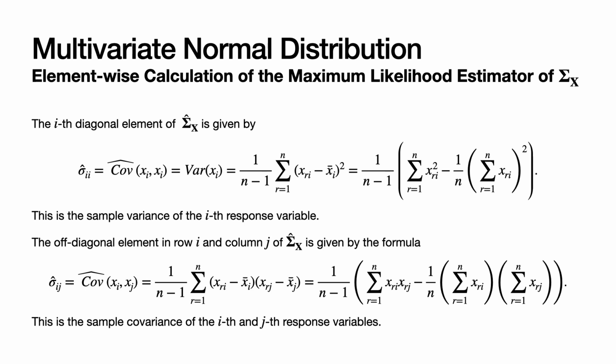And that is equal to this computational formula, 1 over n minus 1 times the sum r going from 1 to n of x sub ri times x sub rj, minus 1 over n times the sum of the x sub ri's and the sum of the x sub rj's. In other words, the sum of the x sub i values and the sum of the x sub j values. So this is the sample covariance of the ith and jth response variables.